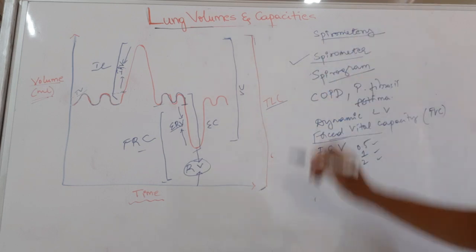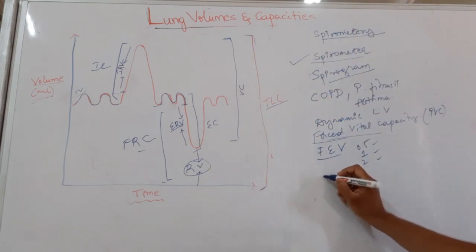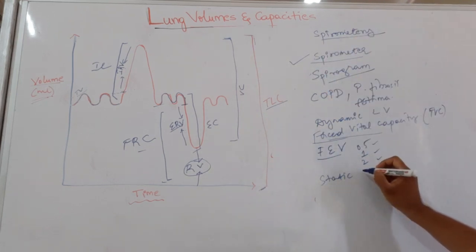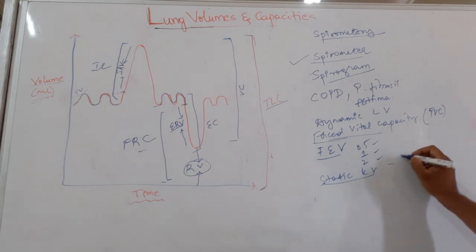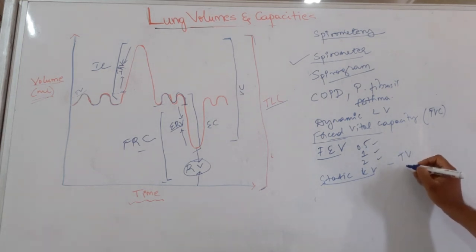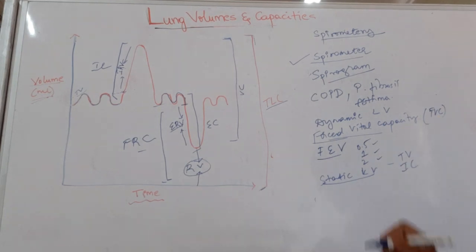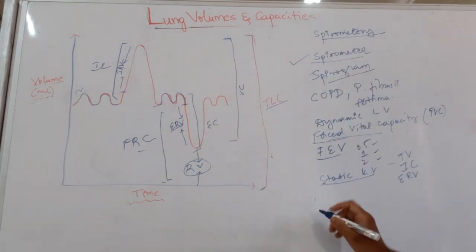Spirometry can also be used for the measurement of static lung volumes, which have already been discussed. You can measure the tidal volume, inspiratory capacity or expiratory reserve volume using spirometry.